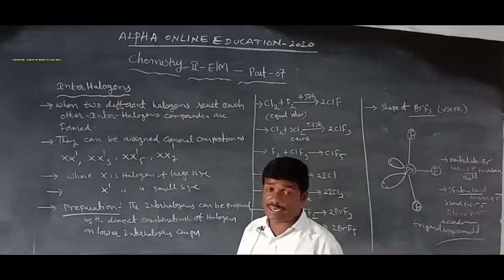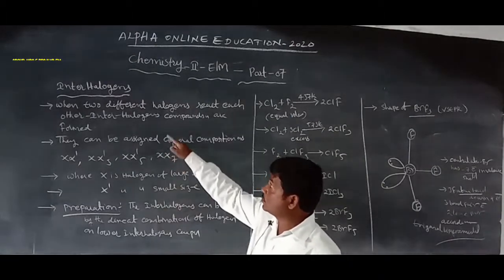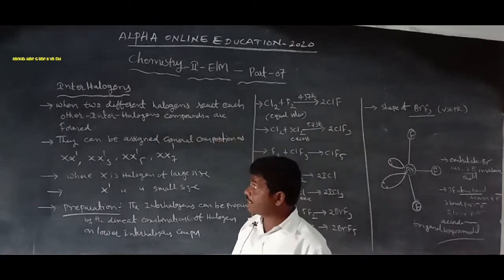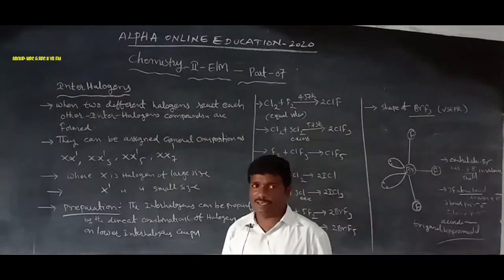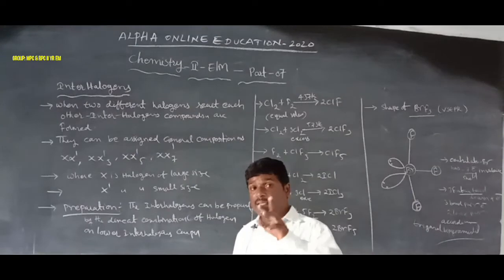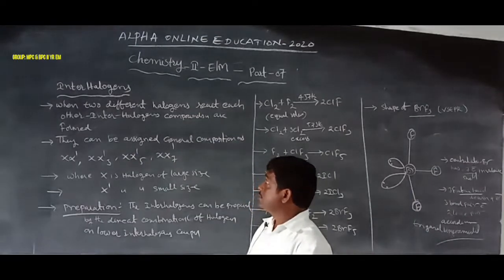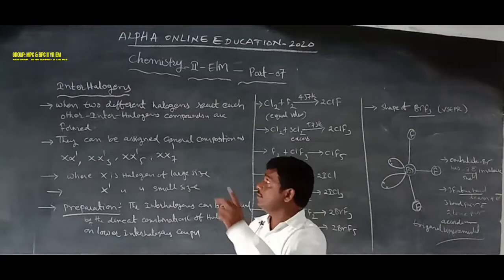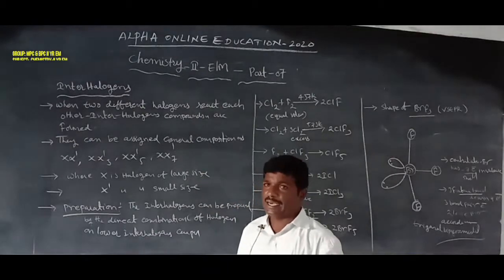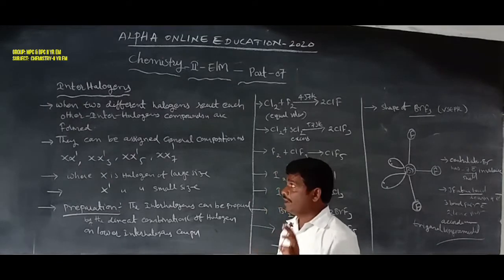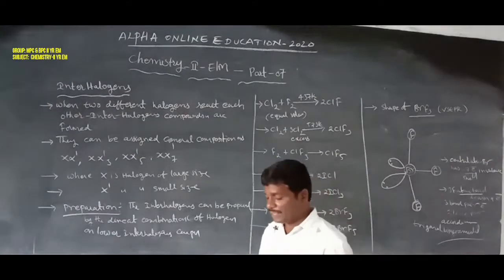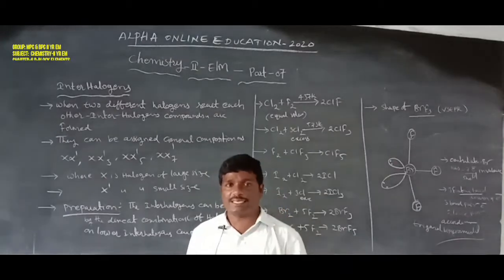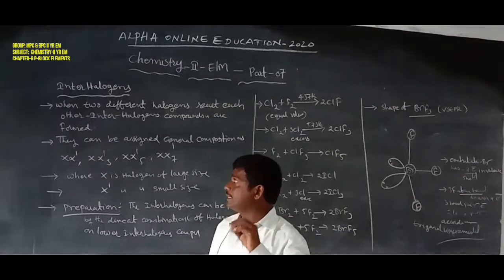What is the meaning of interhalogens? When two different halogens react with each other, they form interhalogens, the binary compounds of halogens themselves.